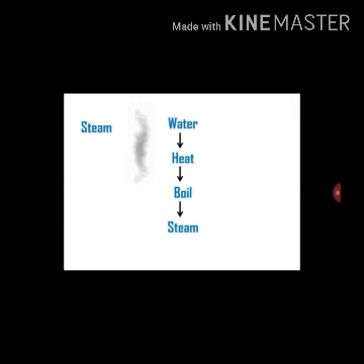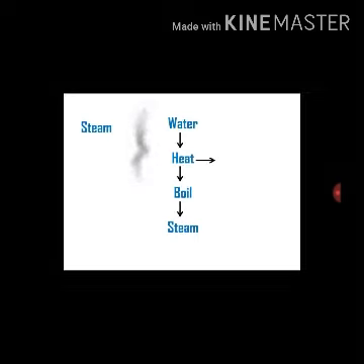As coal combustion takes place, we have studied there are so many disadvantages: it pollutes the atmosphere, it produces ash, it produces toxic gases, and that's why instead of generating the heat by coal combustion, we can generate the heat by using the process of nuclear fission.